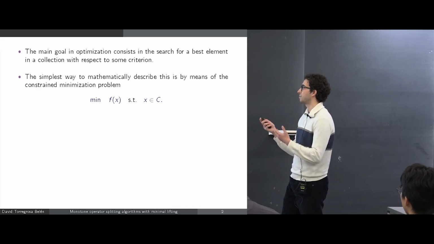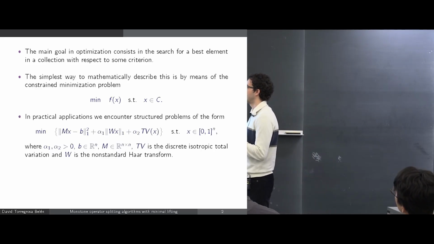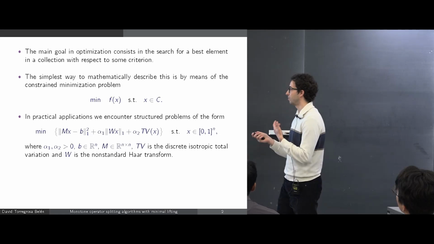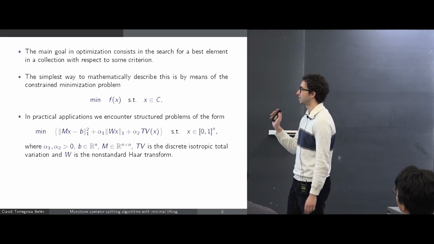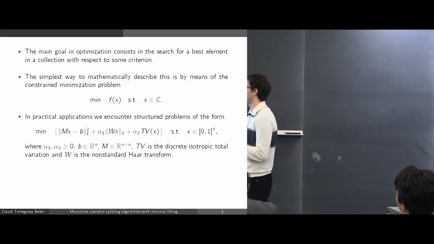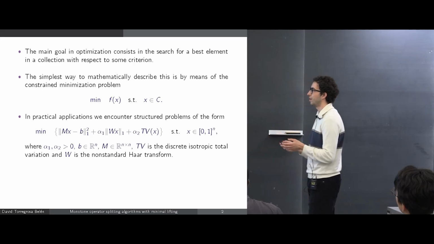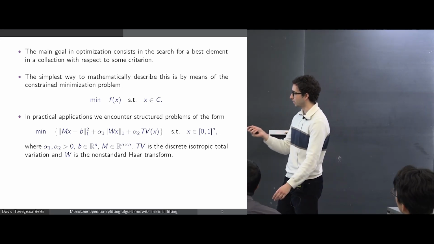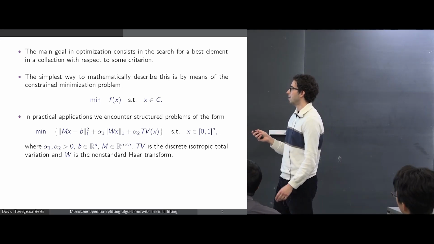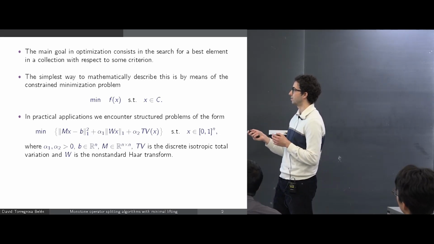This is probably the easiest way to see this, but in practice, the problems that we face look more like this. This is a problem in image recovery, and it's not important right now what the different things that appear here are. Maybe if I have some time later, I will explain further about them. But what I want you to see is that this problem is given in the same way as this one here.